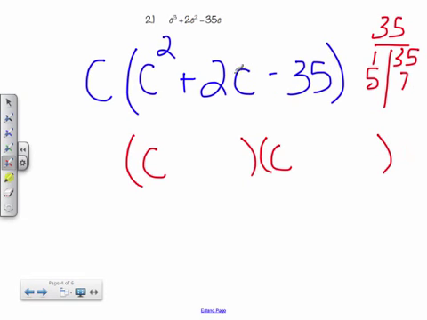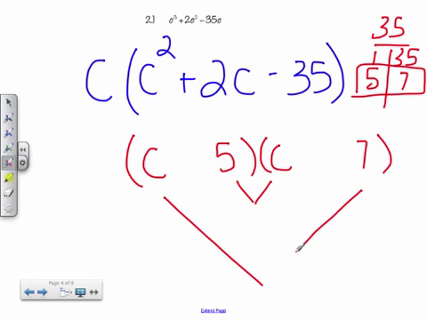Now, I'm looking for 2 as my B term, so that helps me narrow down what I want. I'll use 5 and 7 because I can get a 2 from those 2 numbers. The only reason why I can go straight to 2 is because this c and this c have coefficients of 1. So let's just do our carets really quickly just to double check to make sure that this is right.